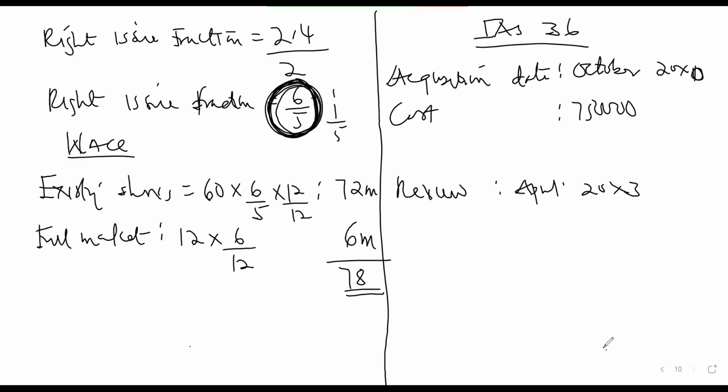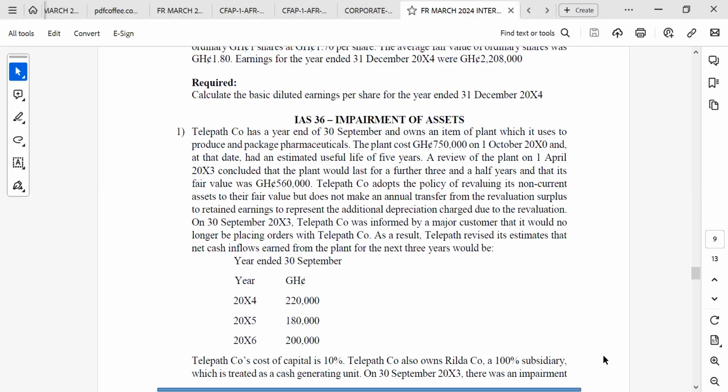to 1st April 2x3, how many years is that? Three years. Are you sure? 2 years, 3 months.